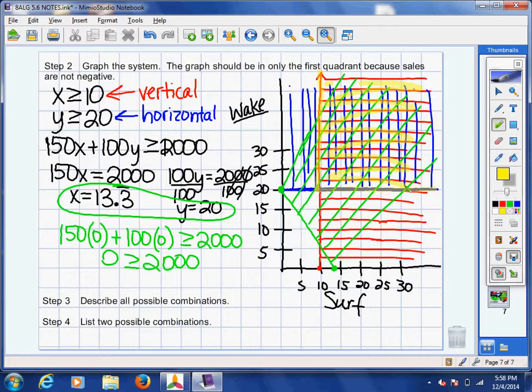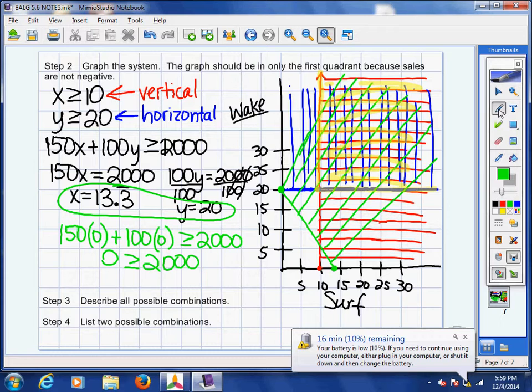Now we have to describe all the possible combinations. The way that you can say that is wherever all three lines intersect, those points are the numbers of surfboards and wakeboards that will help the surf shop make more than 2,000, okay? There's no easy way to describe that, in all honesty.